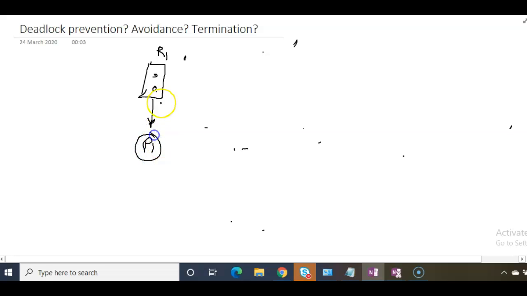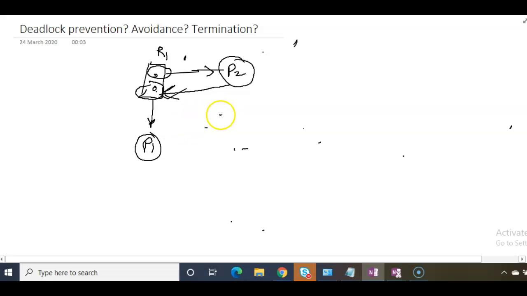One instance is allocated to P1 and another instance is allocated to P2, and P2 wants the same instance of R1. So this will create a deadlock, and this is actually a resource allocation graph.